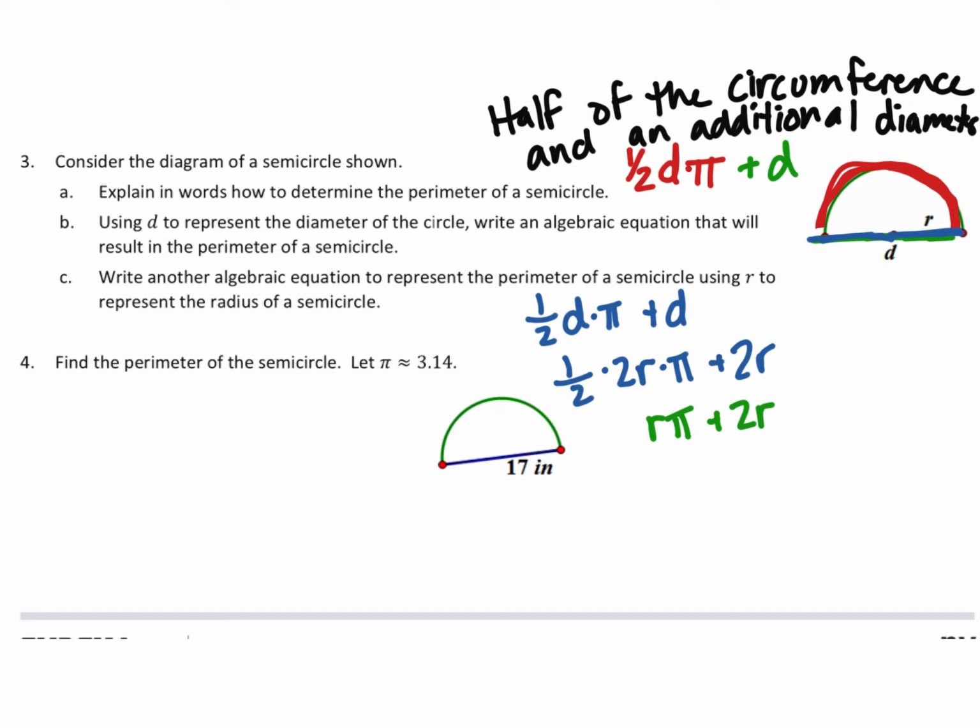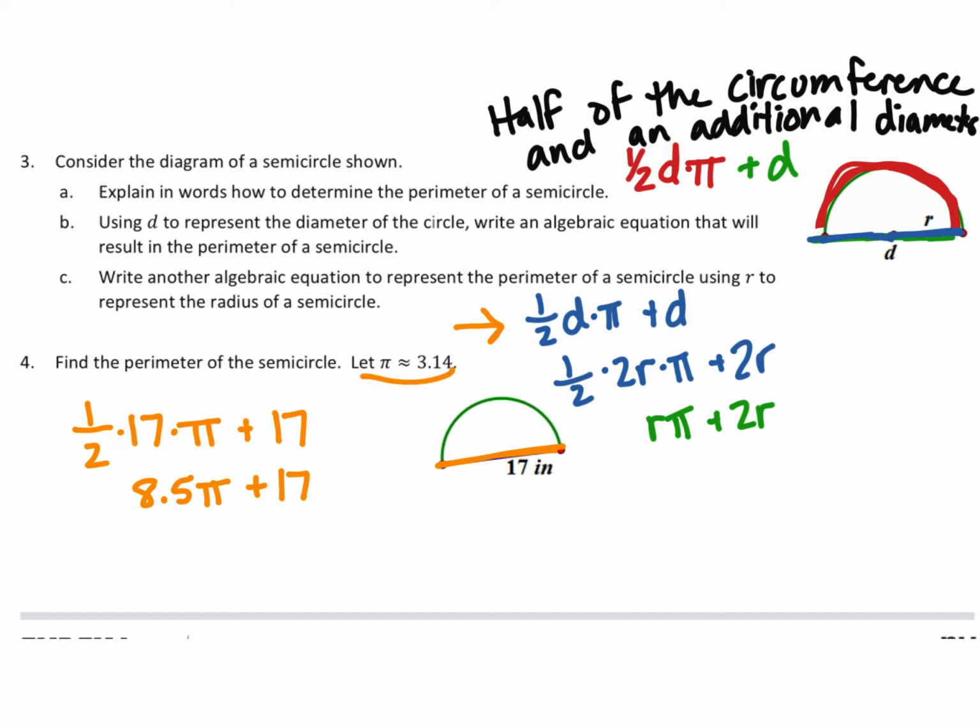So down here in number 4, I can use either one of those equations, but because it gives me the diameter, I'm probably going to end up using this one. So I want 1/2 of 17 times pi plus 17. So you can take 1/2 of 17, and that is going to give you 8.5 pi plus 17.